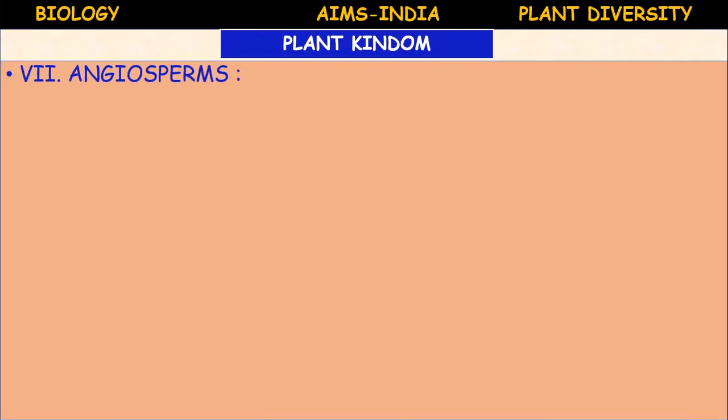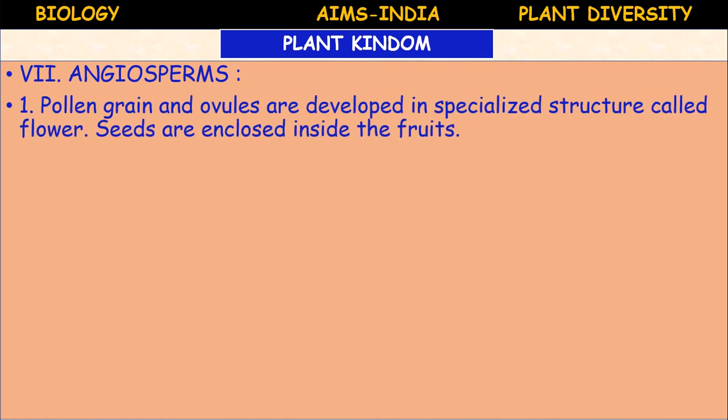Now, the angiosperms. They are the modern plants. They range in size from the tiny and almost microscopic Wolffia to large trees like eucalyptus over 100 meters. In angiosperms, the pollen grain and ovules are developed in a specialized structure called a flower.